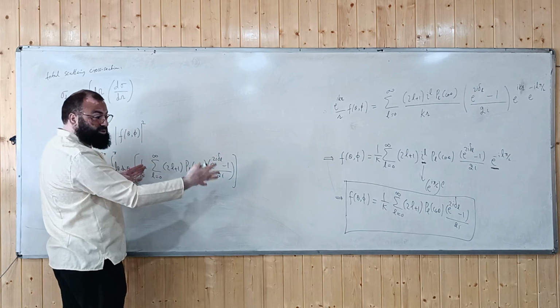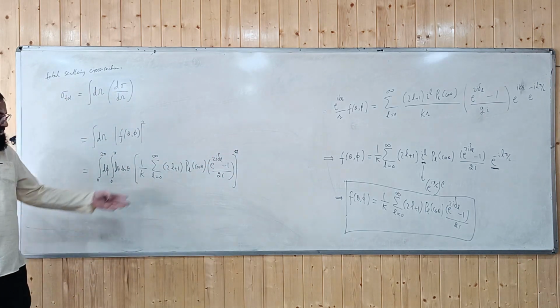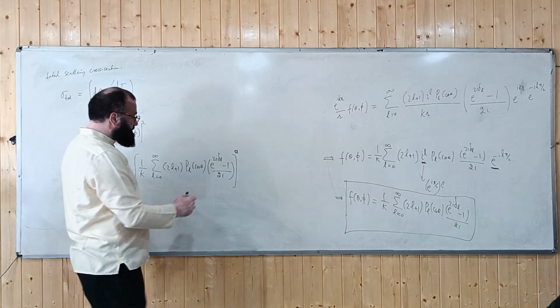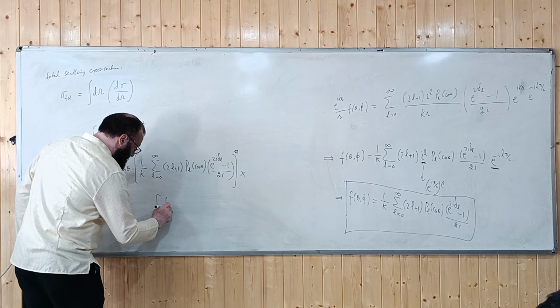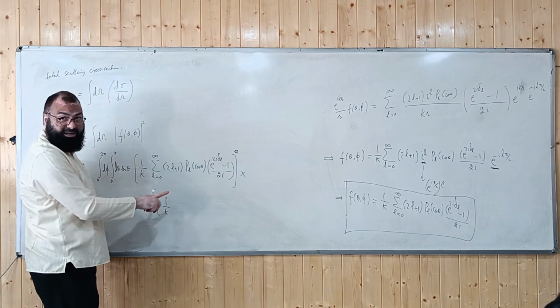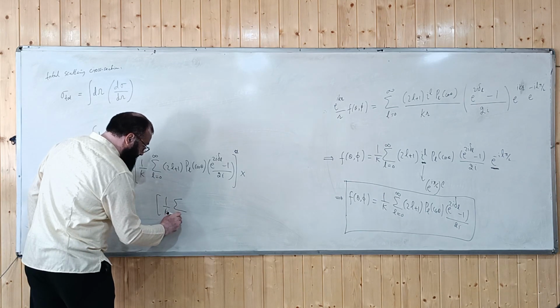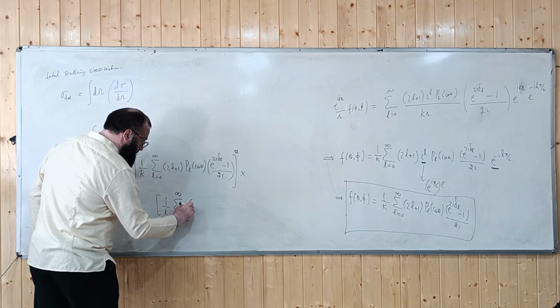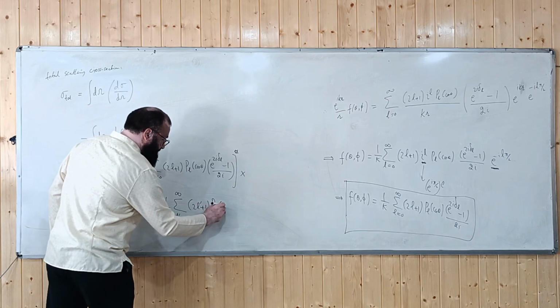Since I have to take mod square, that means multiply it by the complex conjugate. Okay, take the complex conjugate. Multiply it by 1 by k, summation over L prime equal to 0 to infinity. Since L is a dummy variable here, I will not use L, so let me write L prime.